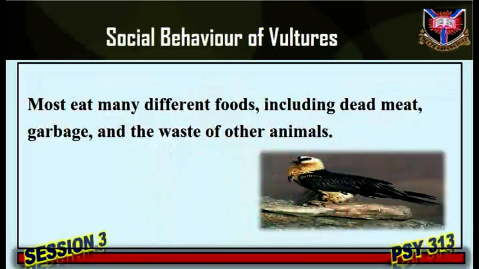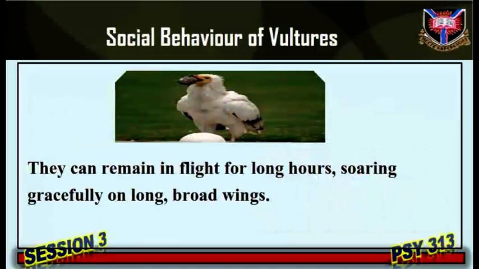Vultures. Most vultures eat many different foods, including dead meat, garbage, and the waste of other animals. Vultures can remain in flight for long hours, soaring gracefully on long, broad wings.